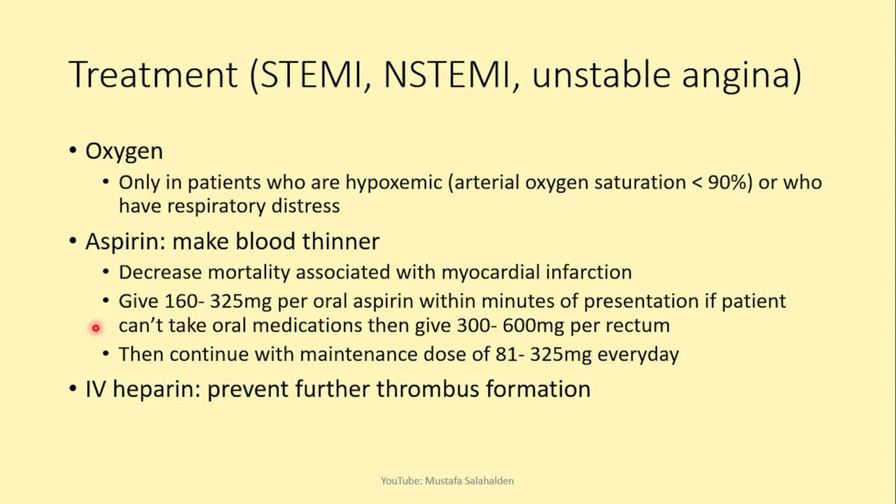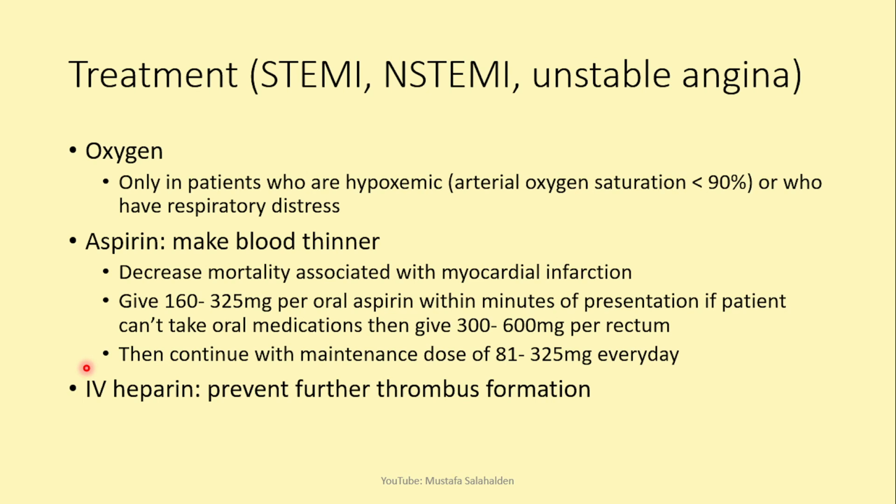And you're going to give 160 to 325 milligrams of oral aspirin within minutes of presentation. If the patient can't take oral medications, then give 300 to 600 milligrams per rectum. Then continue with a maintenance dose of 81 to 325 milligrams every day.